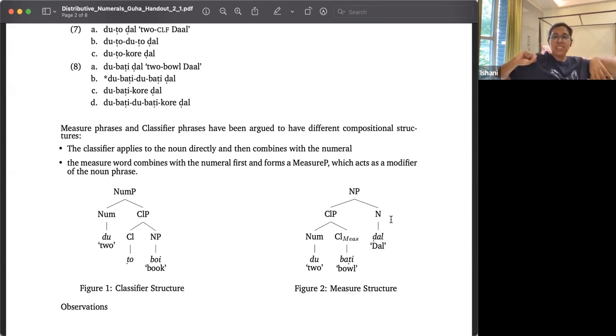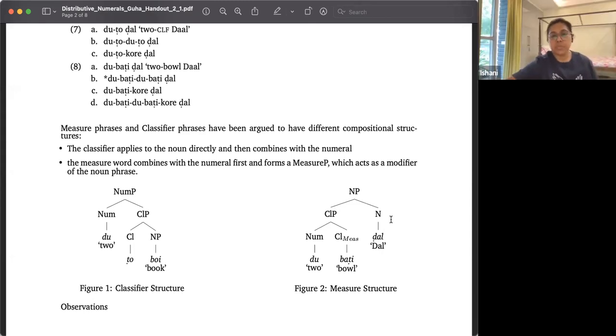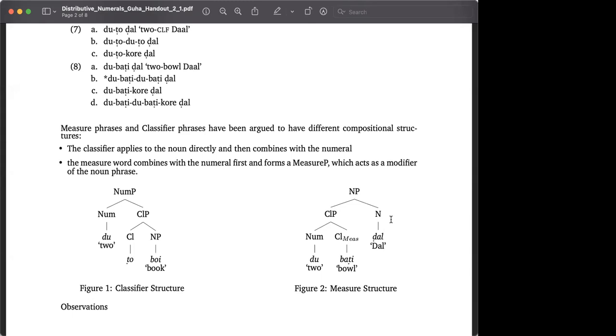So what Kore does is removing sort of the adjunction and creates a selectional structure. So it says, I take both the measure phrase and the noun phrase and yield a distributive, so it basically yields an argument structure. So the party then becomes an argument of yes.